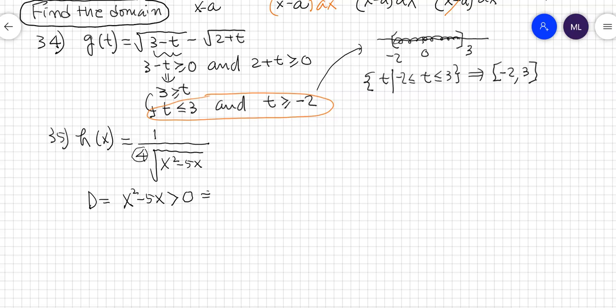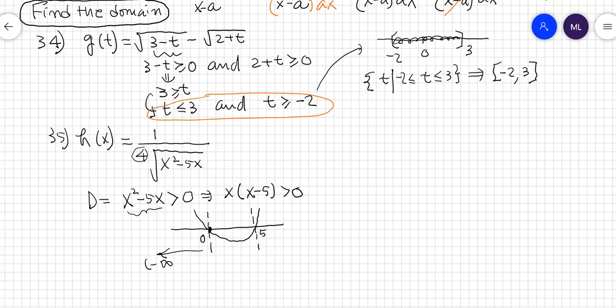So that means x times x minus 5 has to be greater than 0. Now this is a second degree polynomial. So if I use a curve, this is 0 and 5.